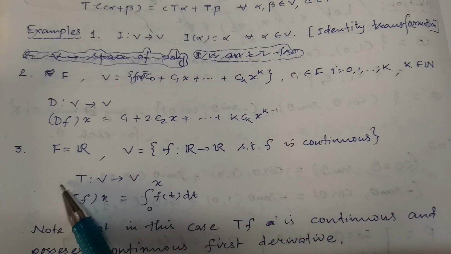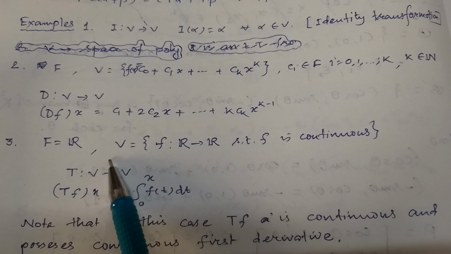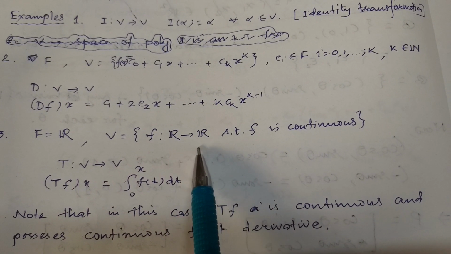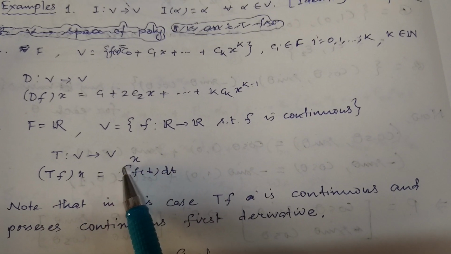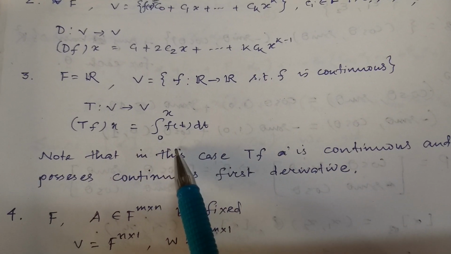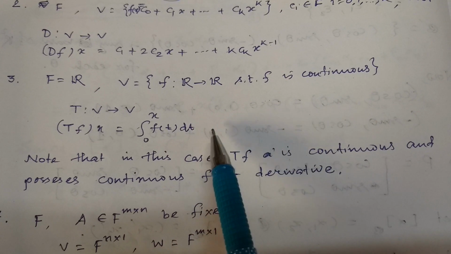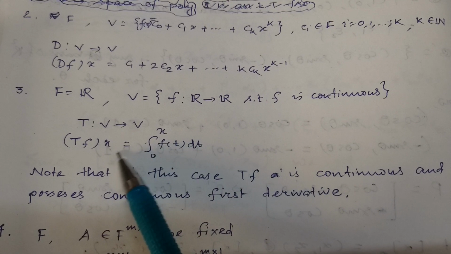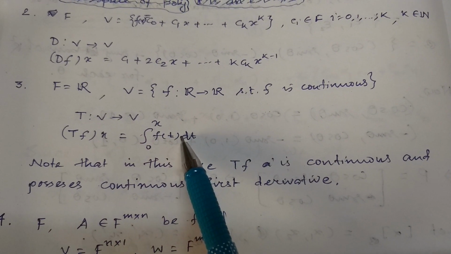Next, example 3. Let F be the field of real numbers and V be the space of all continuous functions from R to R. Now the mapping T from V to V is defined as (Tf)(x) = integral from 0 to x of f(t) dt. Here also, it is your home task, you can prove that this T is a linear mapping or linear transformation.